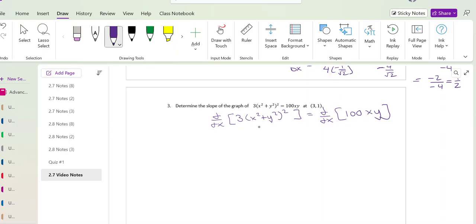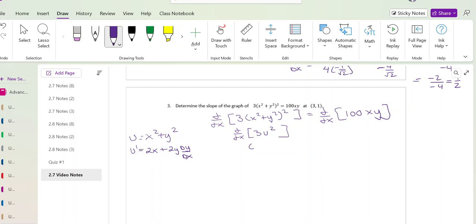So here we have a chain rule. So we'll let u equal x squared plus y squared. That means the derivative is 2x plus 2y dy dx, because remember you're differentiating with respect to x. So when you do the chain rule here, remember this would be 3u squared.